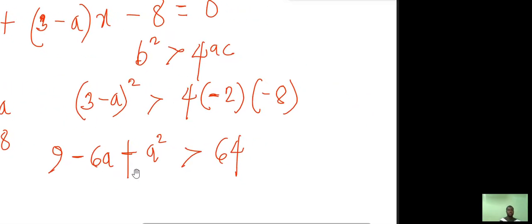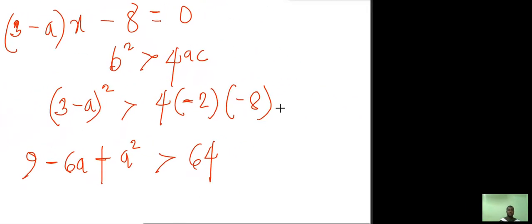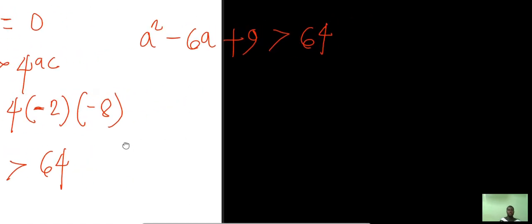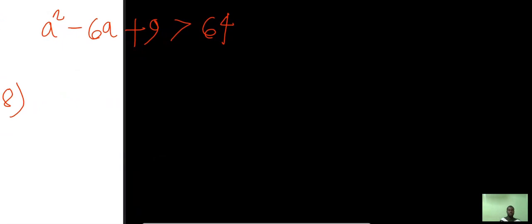Still on track. So from here we have a squared minus 6a, just writing this first, followed by this, plus 9 greater than 64. Okay. So I have a squared minus 6a plus 9.